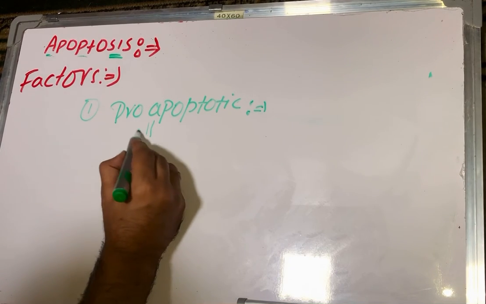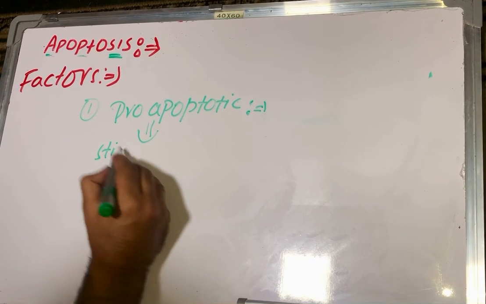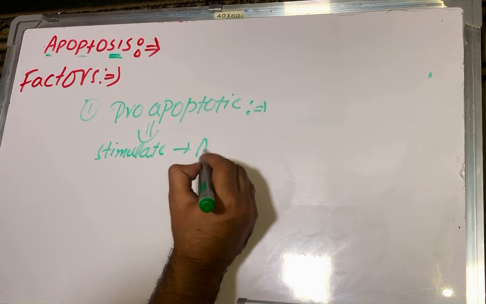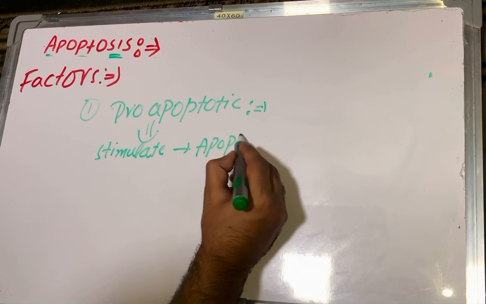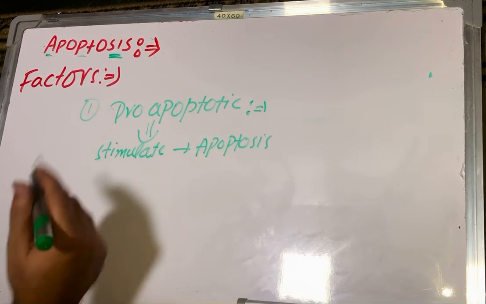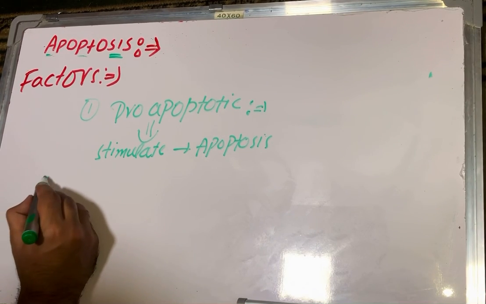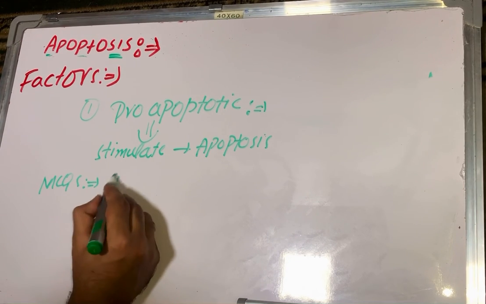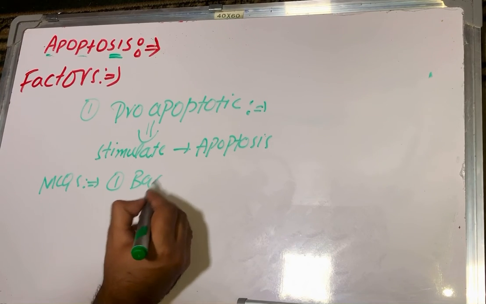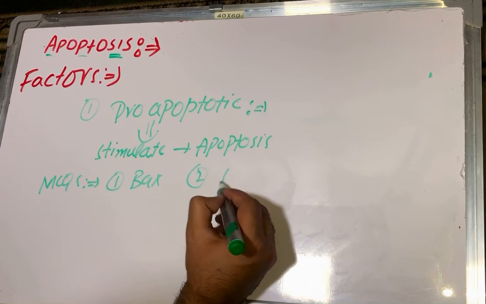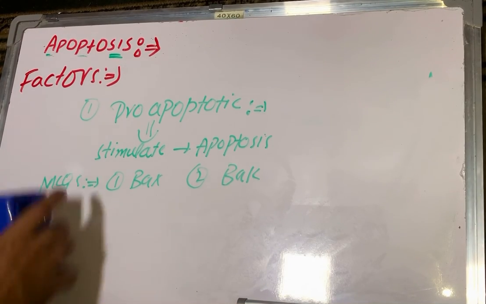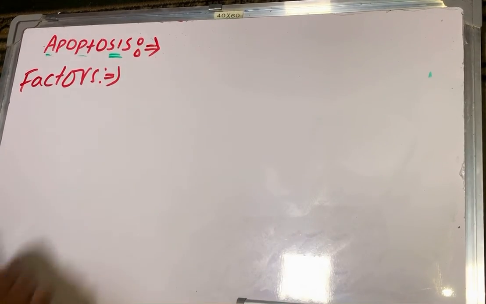These are those factors that stimulate the process of apoptosis. Remember that these are two factors. One is Bax, and second one is Bak. Bax and Bak are the stimulators of apoptosis.